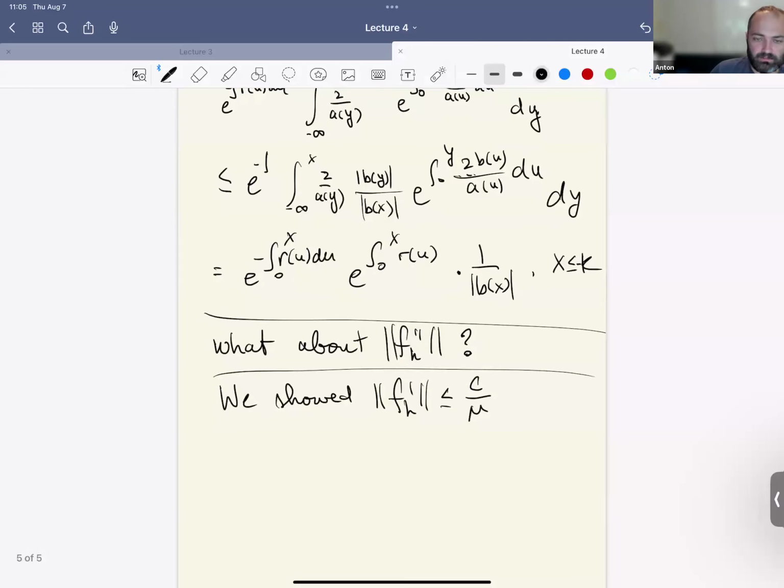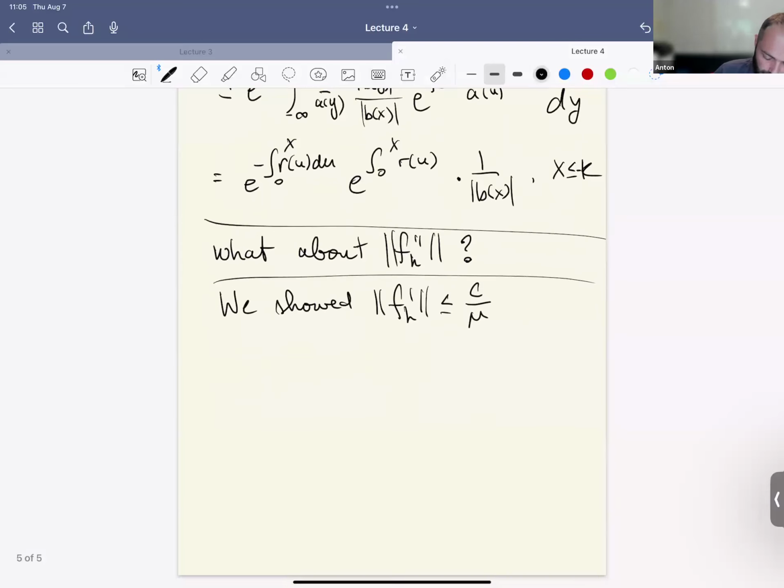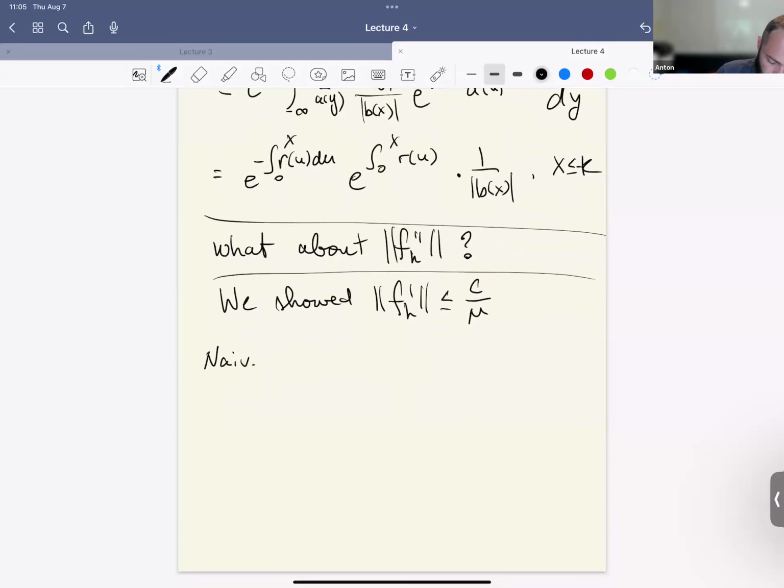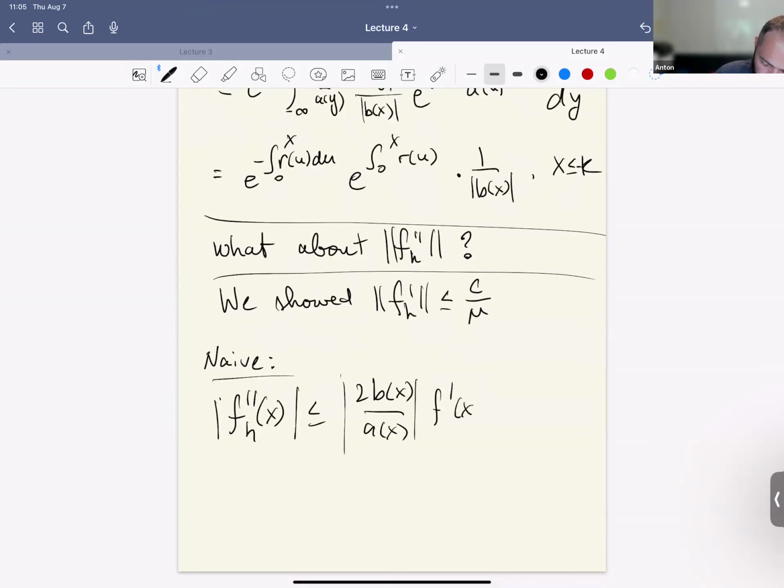How about the bound on the second derivative? So, naive approach. Just rearrange the Poisson equation: 2b of x over a of x, f prime, plus 2 over a of x, h tilde of x.